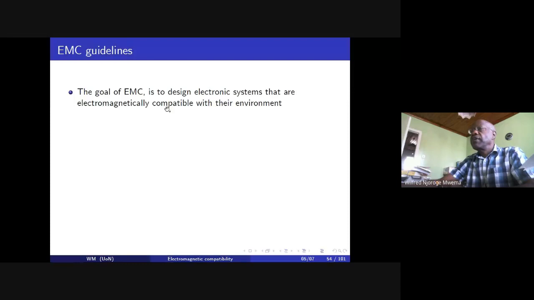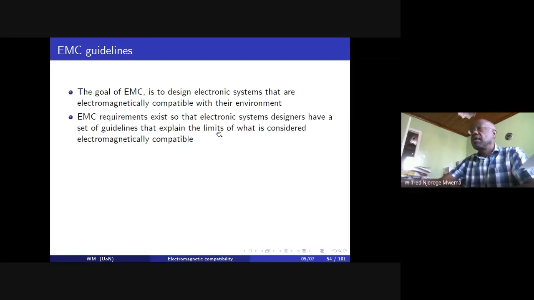So the goal of EMC guidelines is to design electronic systems that are electromagnetically compatible with their environment. So EMC requirements exist so that electronic system designers will have a set of guidelines that will explain the limits of what is considered electromagnetically compatible.